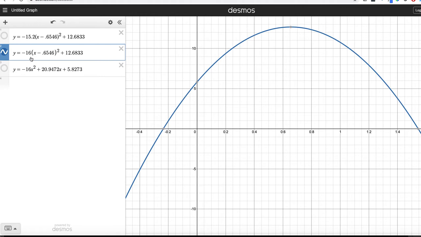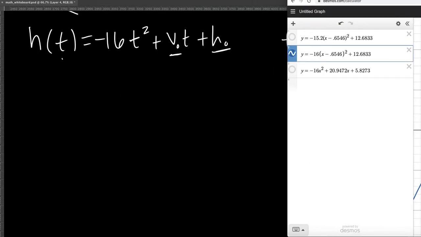So on yours, I would do the same thing. Hopefully this is close to negative 16. It should be. If not, we can talk more about it in person, and I'll have to look at your specific data. But what I'm going to do now is take that and write it down first.